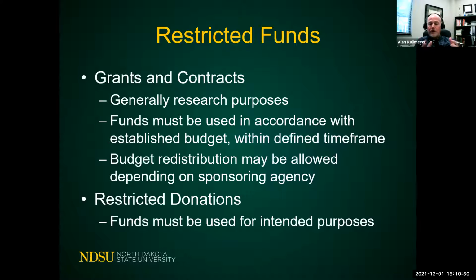Now, if you want to or need to redistribute funding between categories, that is allowed as long as the sponsoring agency approves it. So there's a process to go through to allow a redistribution on the budget. And that is all handled through our grant and contract accounting office. Those folks are great over there. Ann Young and her team have been very good about making sure that the rules are followed.